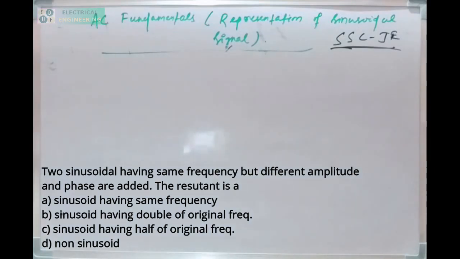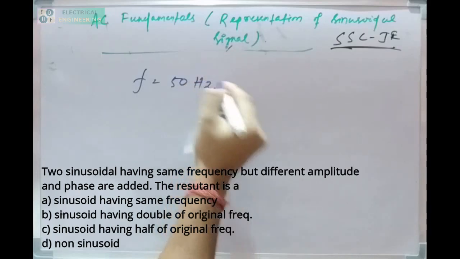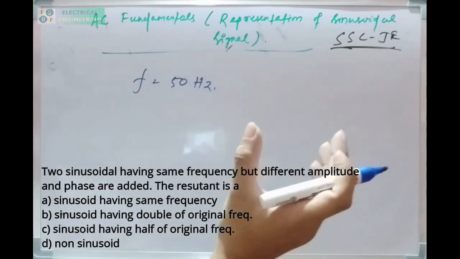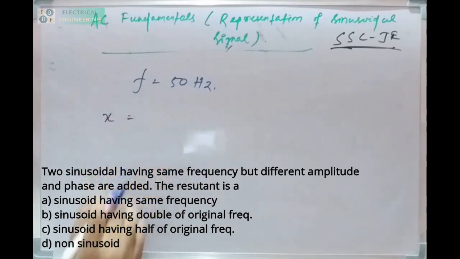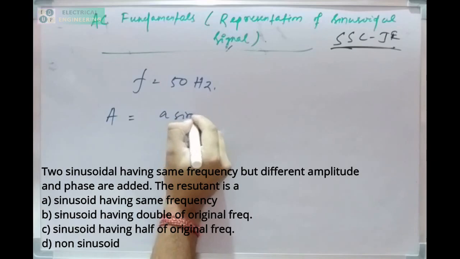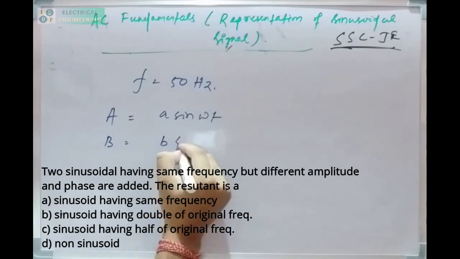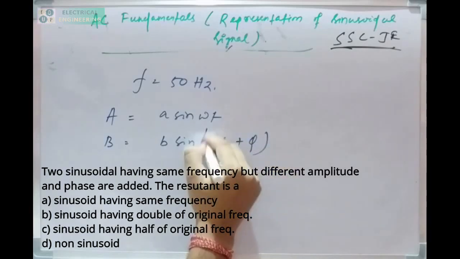Sinusoidal waveforms having the same frequency. Let us take frequency, for example, f equals 50 Hz. Then take two different sinusoids, like a equals A sine omega t, and b equals B sine omega t plus phi.